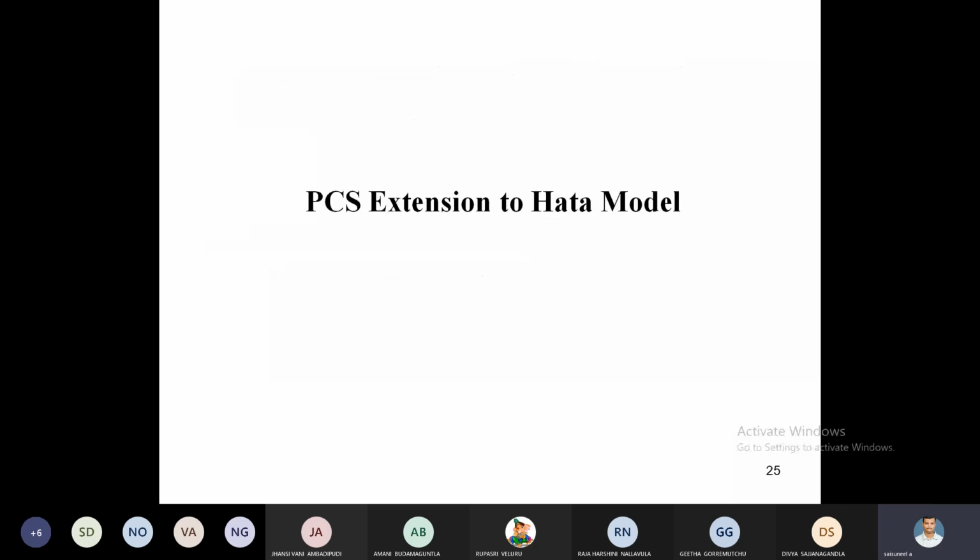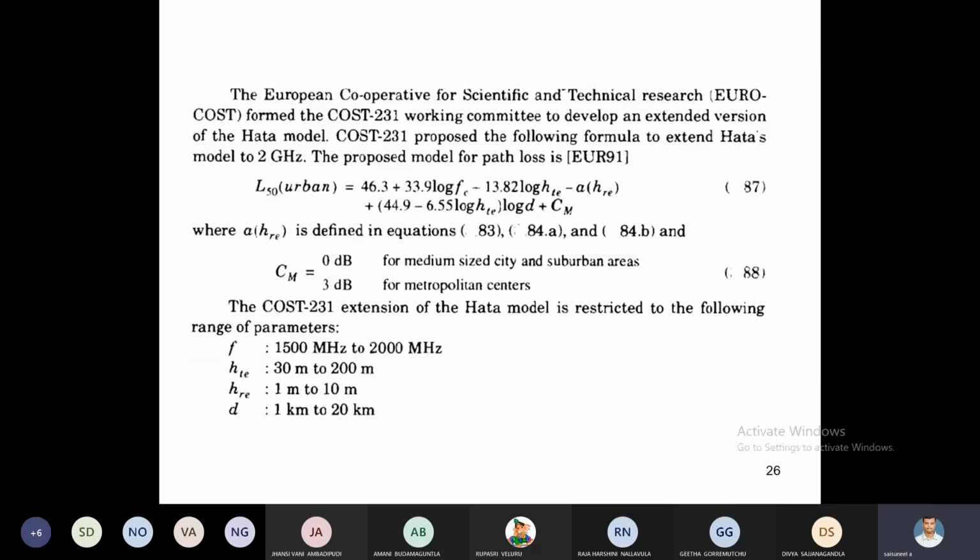See this equation, check with the earlier equation of the Hata model. The CM changes. Here CM is equal to 0 dB for medium-sized city and suburban areas. CM is equal to 3 dB for metropolitan centers. And frequency FC is equal to 150 megahertz to 2000 megahertz.